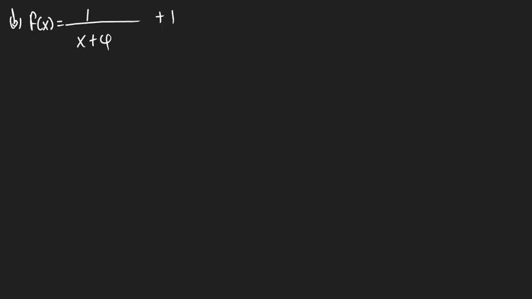But the way you go about it, you find the vertical asymptote first. What's your vertical asymptote? The vertical asymptote is found when the denominator is equal to 0. So you say x plus 4 is equal to 0. Then your x eventually becomes -4.